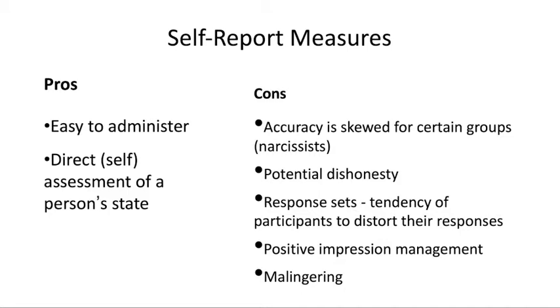So there's that, and then there's positive impression management. Maybe I want to paint a picture of myself that I'm better than how I'm actually doing. You know, maybe I'm trying to suppress a few psychological symptoms that I don't want people to know about. Okay, so I can positively impression manage. Or the opposite of that, I can malinger to get some kind of a secondary gain.